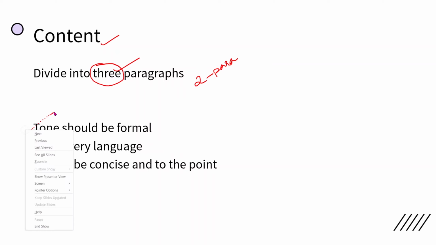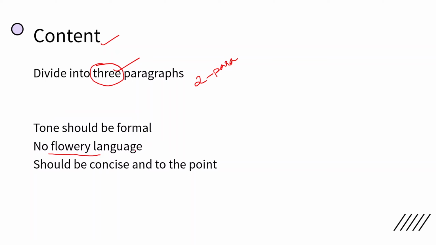The tone of the letter should be formal. No flowery language; we need not use difficult and gorgeous language in a job application. It should be concise and to the point, with the maximum word limit, saying the important points.